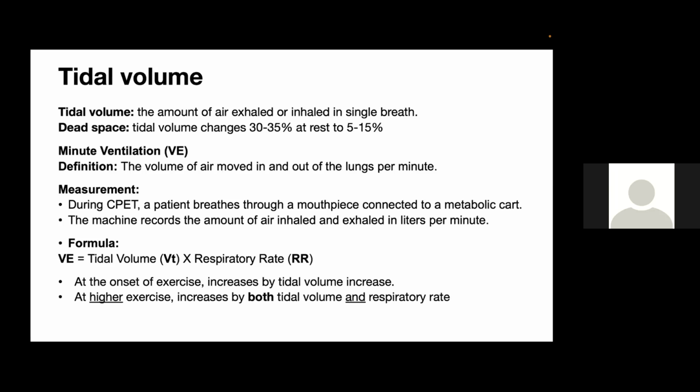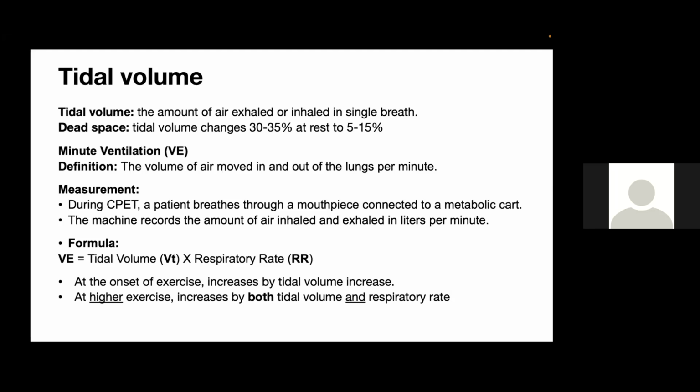And we have what we call minute ventilation, VE. The definition of the minute ventilation is the volume of air moved in and out of the lung per minute. During the CPET, the patient breathes through the mouthpiece connected to the metabolic cart, and the machine records the amount of air inhaled and exhaled in liters per minute.